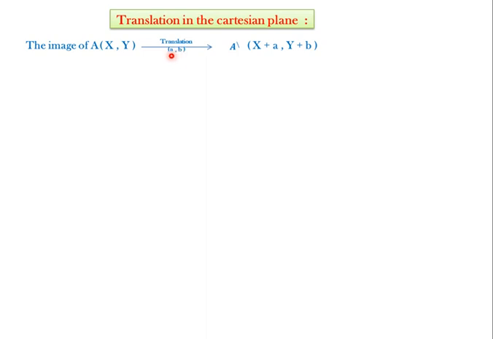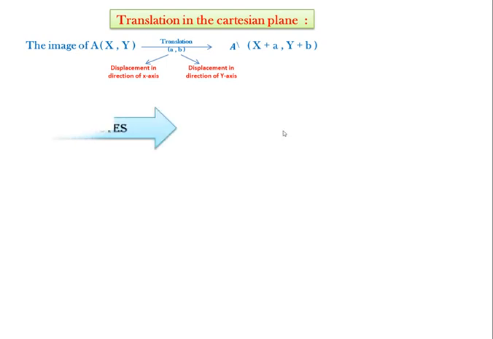A and B are two numbers: A says how many units we move the point along the x-axis, and B says how many units we move along the y-axis. Then the image is A dash, x plus A and y plus B, meaning A is the displacement in the direction of the x-axis and B is the displacement in the direction of the y-axis.